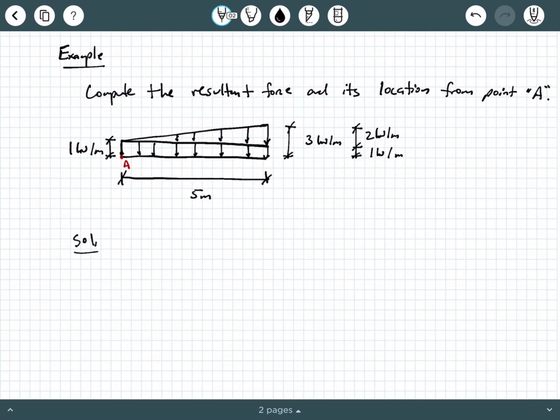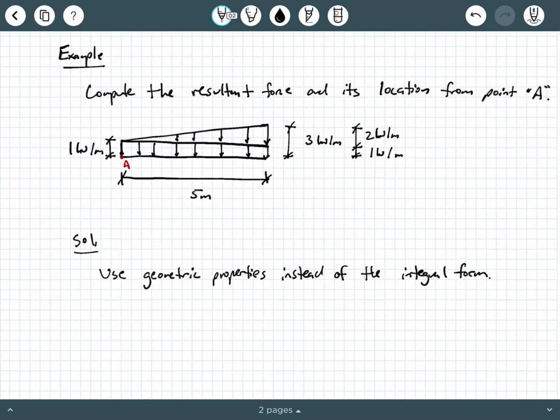So under the solution, the first thing I'm going to do is say, let's use geometric properties instead of the integral form.